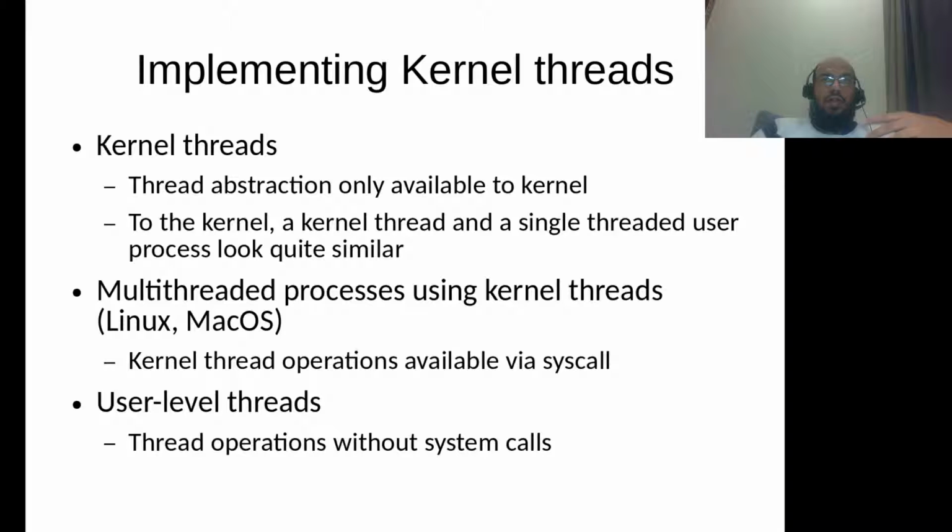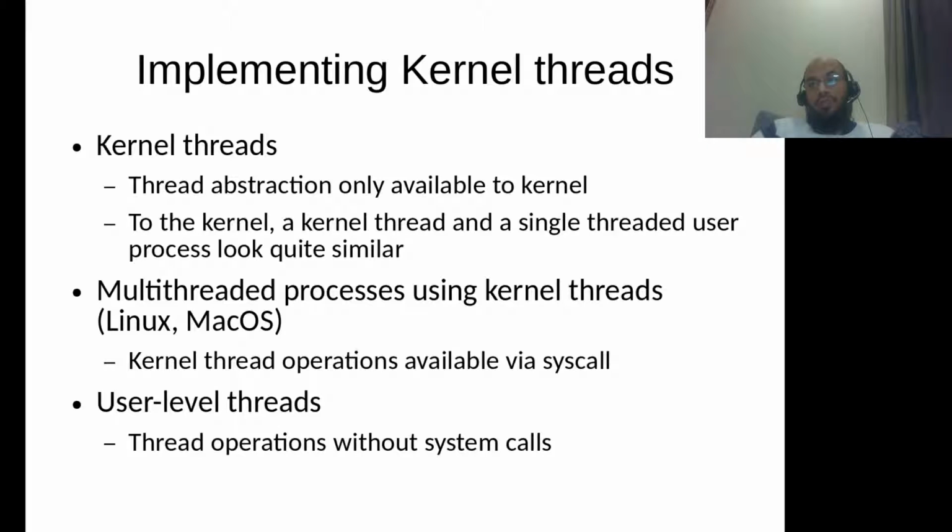As a user level process, you can call a system call to fork a new thread, for example, to start a new thread. But then the system internally will implement everything, or will basically spawn the new thread for you, and the kernel will control that thread.